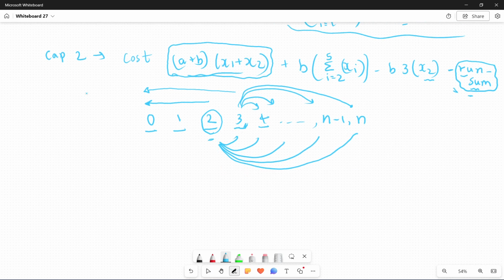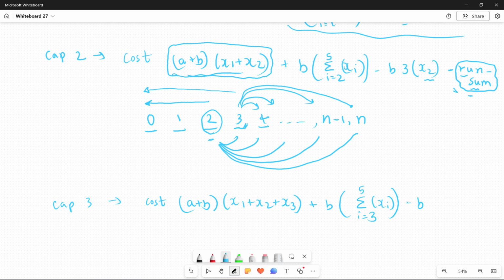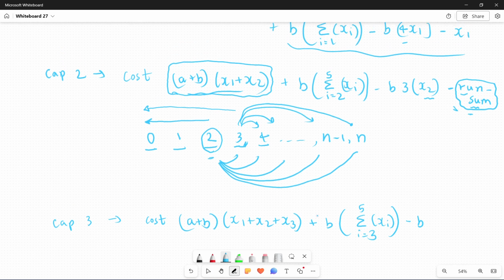So I think you have started noticing a pattern. So when capital is at 3, then cost will be a plus b into running sum, you can say x1 plus x2 plus x3, plus b times sigma i equals 3 to 5 of xi, minus b times, okay, wait, n minus 3, so it should be 2 into x3.